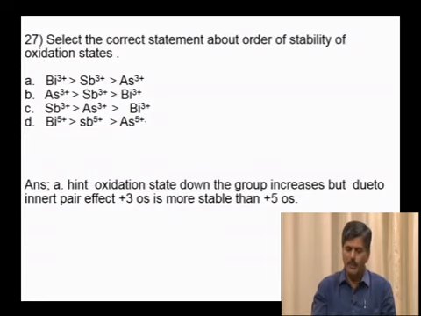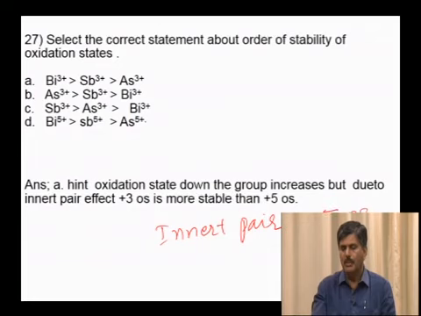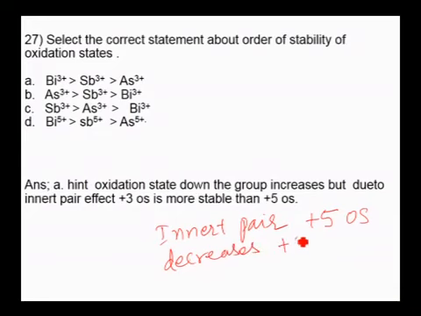Therefore, oxidation state increases from top to bottom generally, but due to inert pair effect, the stability of the +5 oxidation state decreases down the group and stability of the +3 oxidation state increases. So therefore, +3 is more stable than the +5 oxidation state.